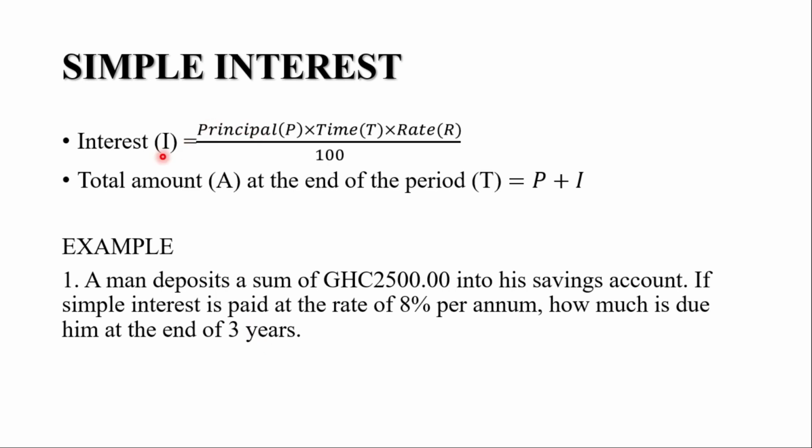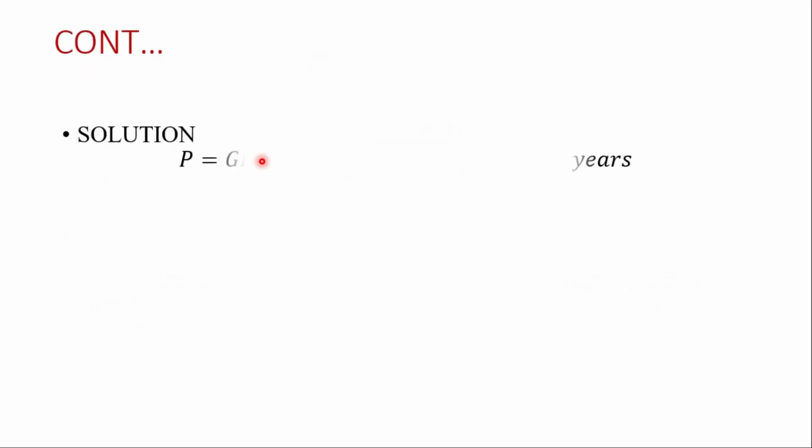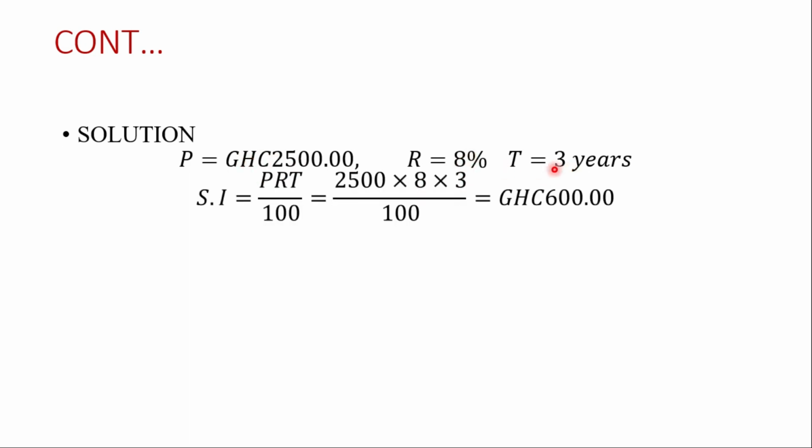And according to the interest formula here, we say principal times the time times the rate, all over 100. So our solution will be, we'll get our principal already. You write out the rate and the time, then you code your formula. Principal times rate times time, all over 100. So the principal here is 2,500 times 8%, which is our rate, multiplied by the number of years, divided by 100.